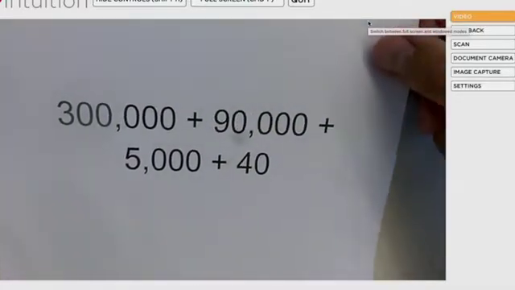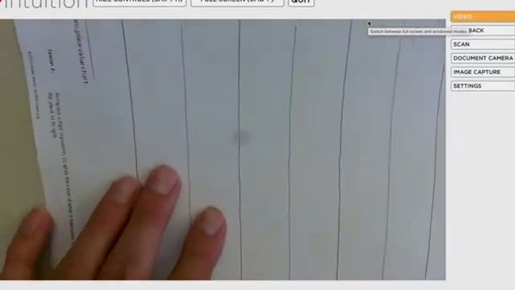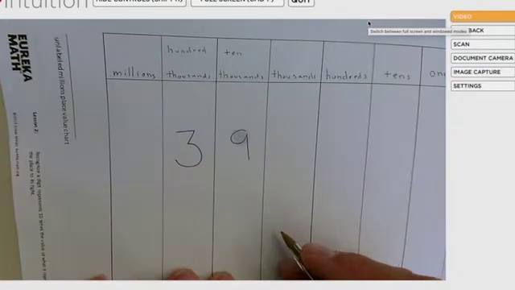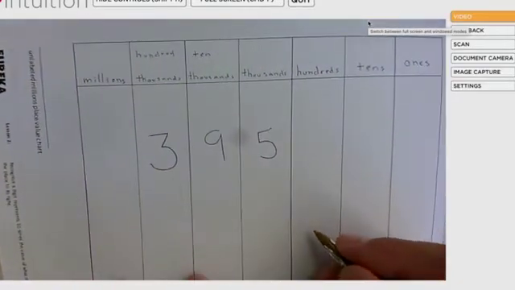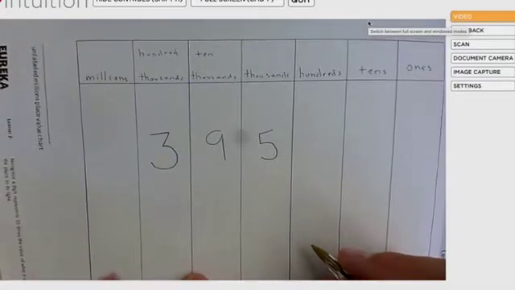Okay, so I'm assuming you already have this completed. So the number in expanded form was 300,000, so we put a 3 right there. 90,000, so we put a 9 in the 10,000s place. 5,000, so we put a 5 right here. And again, pause the video if I'm going too fast.